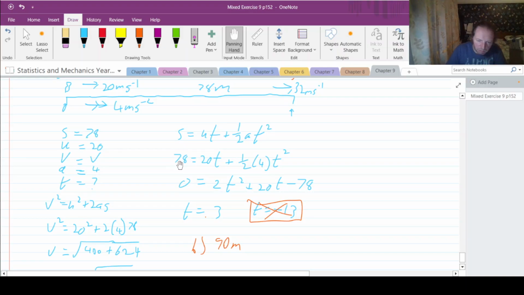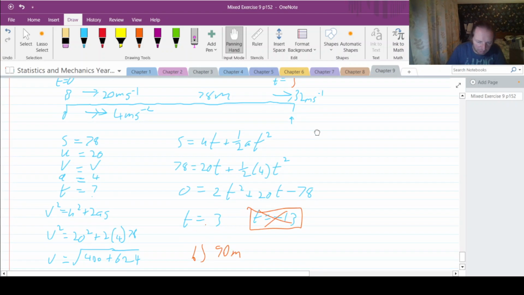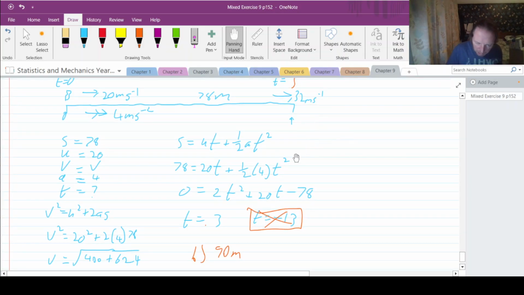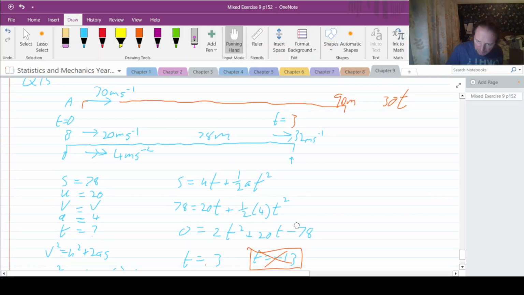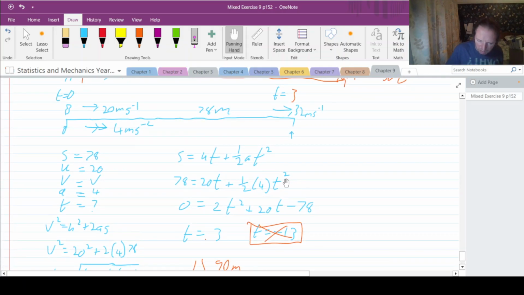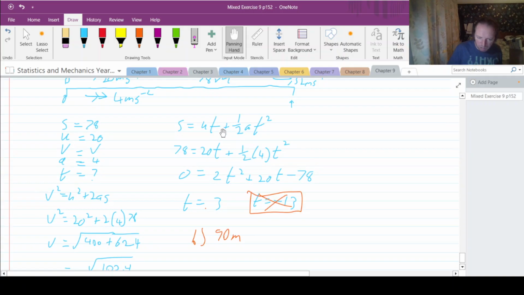Now we don't know what its final speed will be. We don't really know what its time will be, but we're looking for the time. So we can put in the fact that 30t will equal this one, because that's what we are looking for.